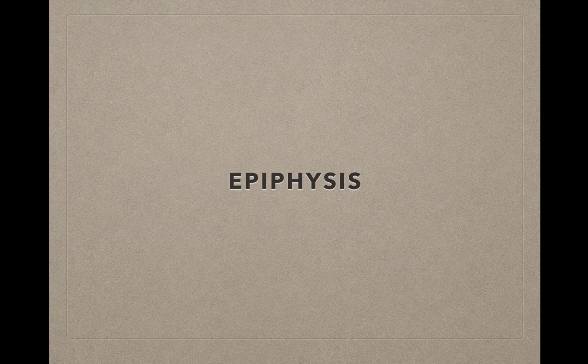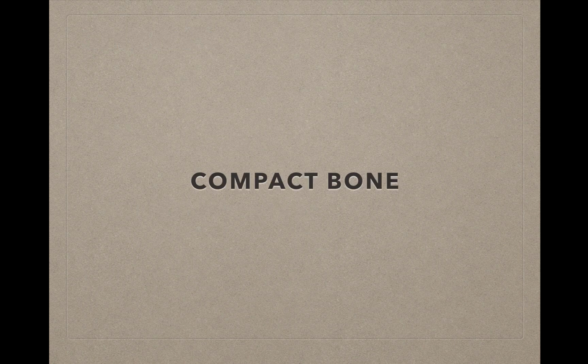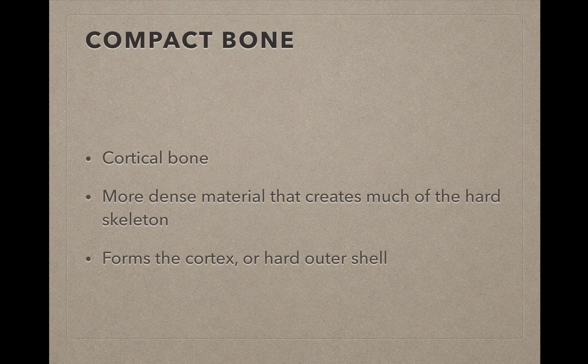Epiphysis, end part of the long bone. Compact bone. Cortical bone. More dense material that creates much of the hard skeleton. Forms the cortex, or the hard outer shell of the bones.